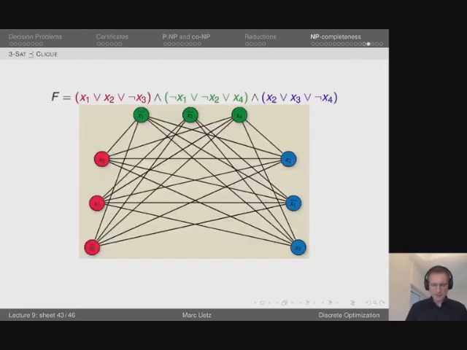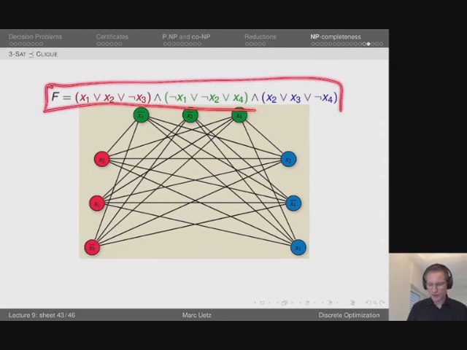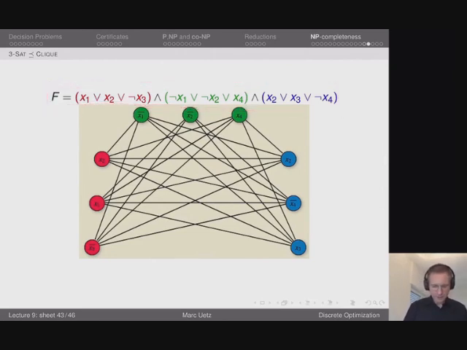And here is the illustration of this reduction. So we have here the formula that I actually showed earlier, right? And we have introduced, for example, here in red, the corresponding 3 nodes in the graph. So that would be x1, x2, and not x3. Okay, and likewise for the other 2 clauses. We have introduced edges only between nodes of different color here, nodes that belong to different clauses.